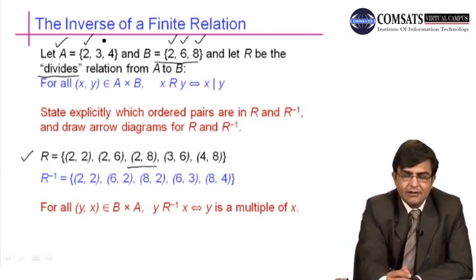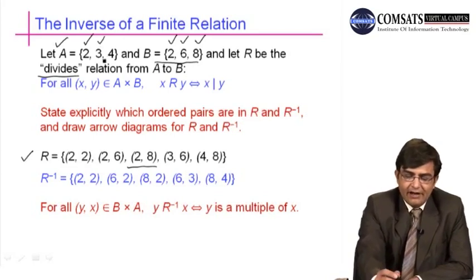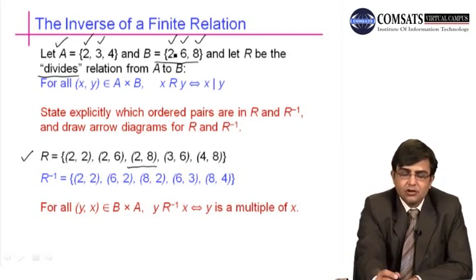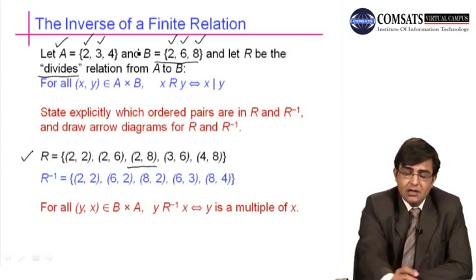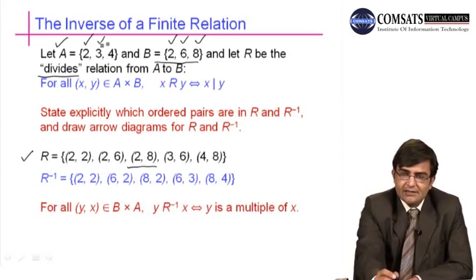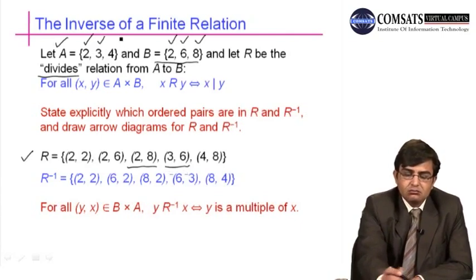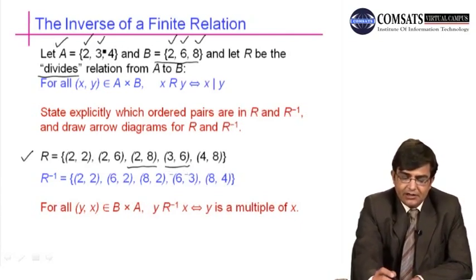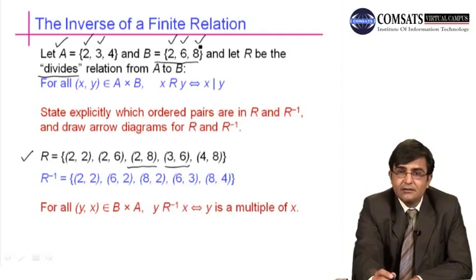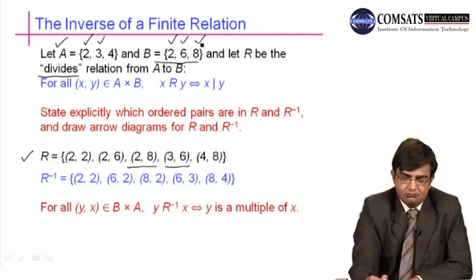Now we choose the second element. The second element of A divides the first element of B, no, because 3 doesn't divide 2, but 3 divides 6, the second element of B, so we write the ordered pair 3, 6. The second element of A, 3, and the third element of B are not related because 3 doesn't divide 8.